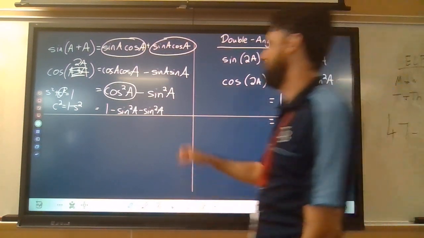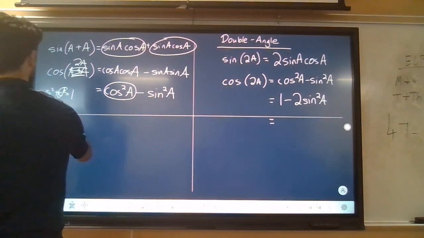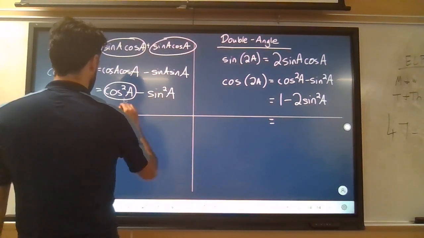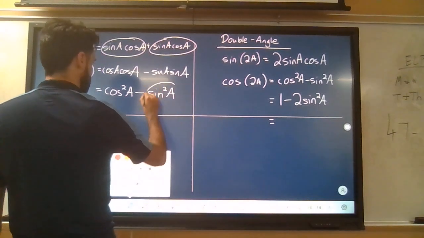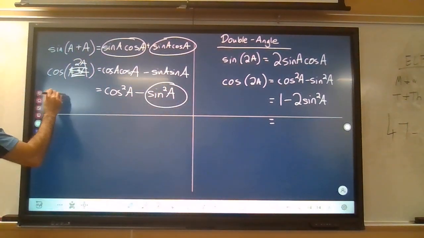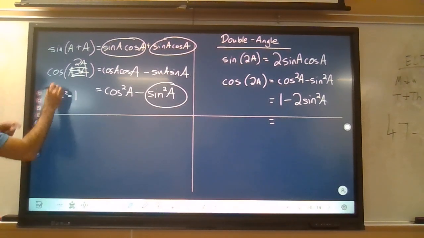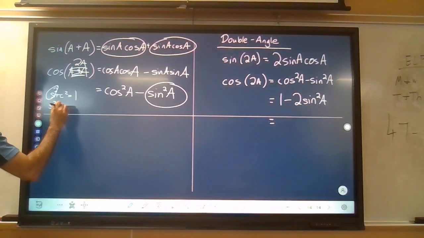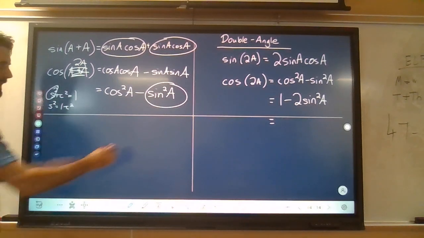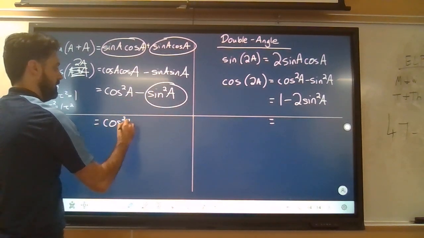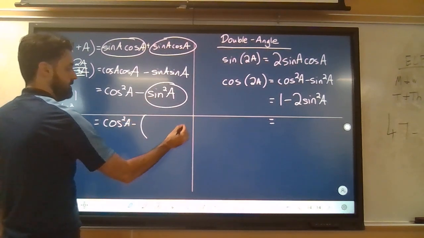And now I'm going to do the same thing, but with sine. So I'm going to replace sine squared with something, still using sine squared plus cosine squared equals 1. And I'm going to get sine squared by itself, 1 minus cosine squared. And now I'm going to replace this. However, be careful, there's a minus in front of it. So whatever I'm going to plug in needs to go in parentheses.